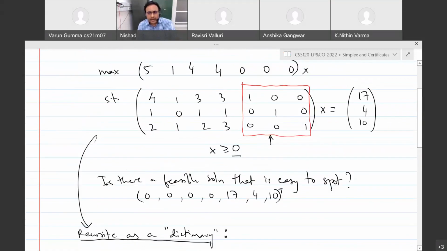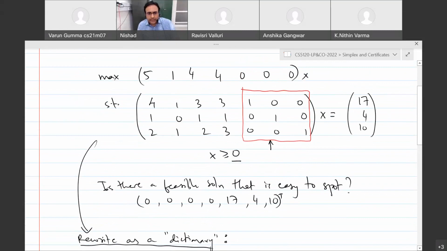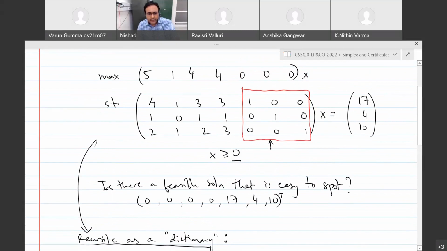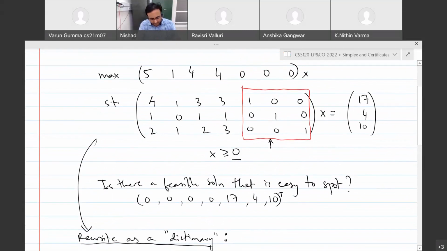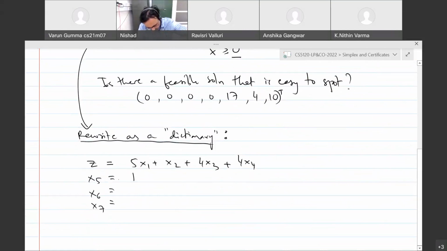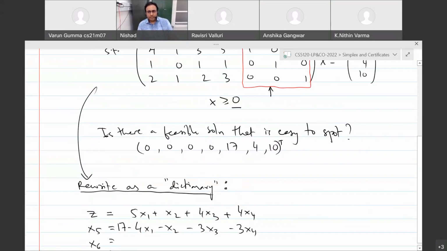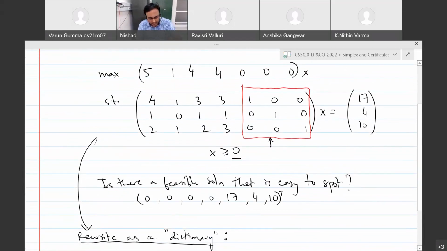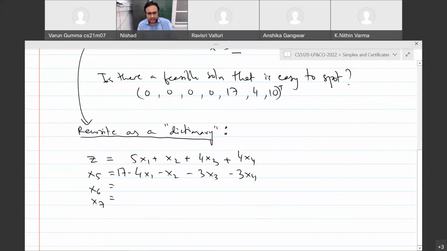The first one is 17 minus 4x1 minus x2 minus 3x3 minus 3x4. So let me write the constant here. Okay, does everybody see how I wrote this? This is basically the first constraint rewritten in this manner.